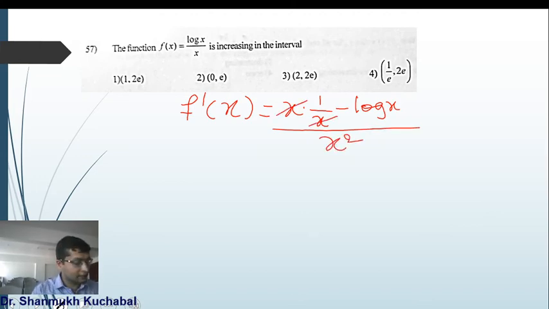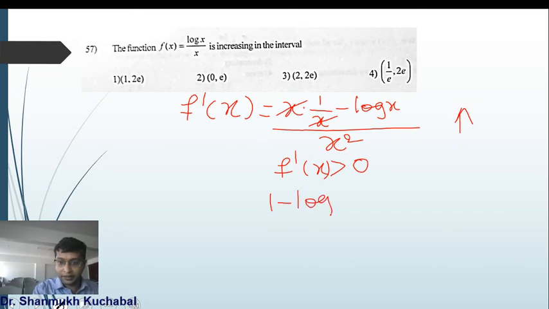The x and x get cancelled, giving 1 minus log x. The function is increasing, so f dash of x is greater than 0. Transporting the denominator function, I get only the numerator function 1 minus log x greater than 0.